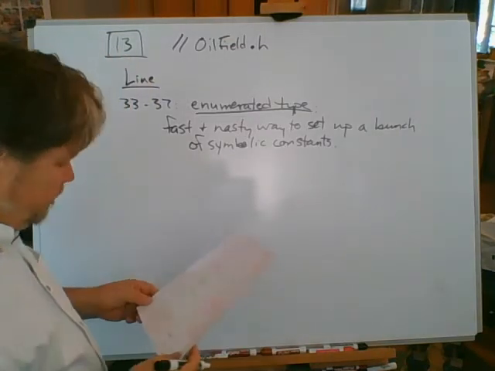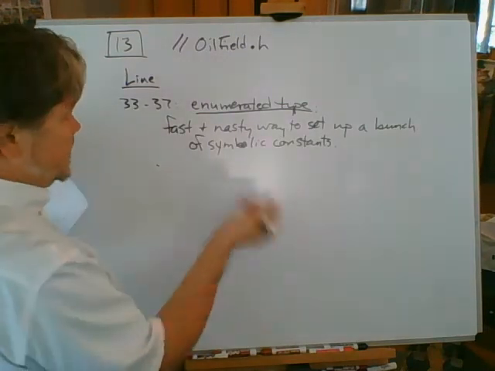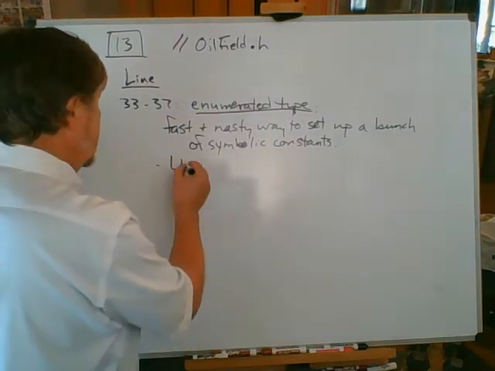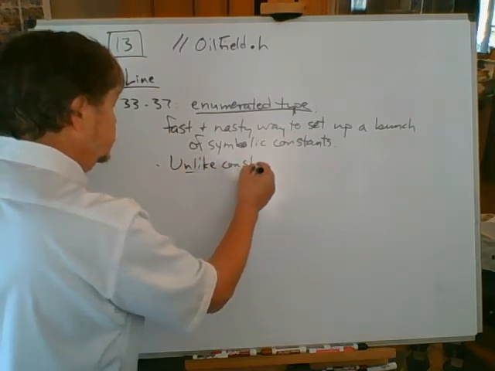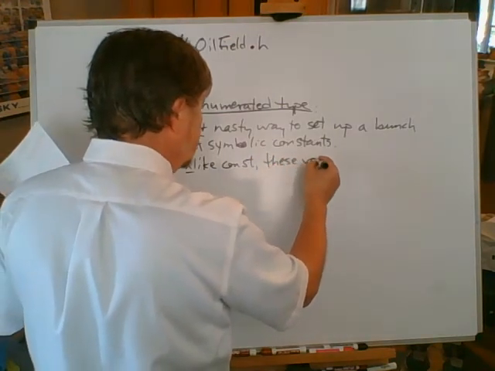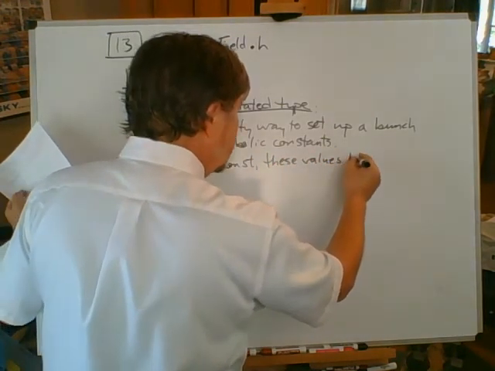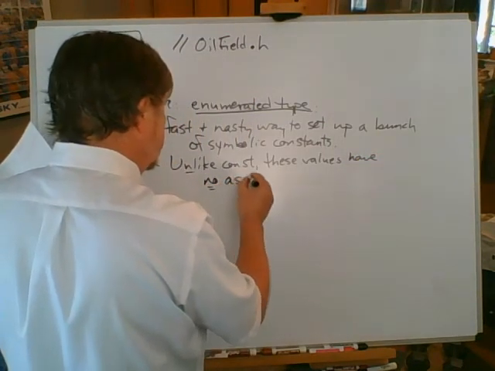Now, I said this is a fast and nasty way to skip by const. I'll point this out. Unlike const, these values have no associated data type.